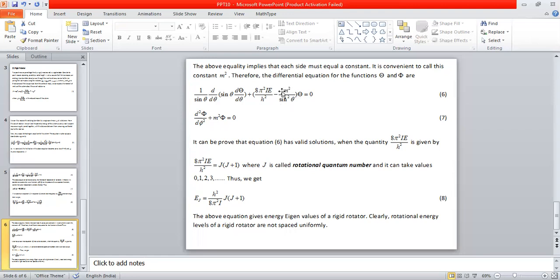Equation 6 can be solved only when the term that we have written here, 8 pi square IE divided by h square, is equal to another constant.